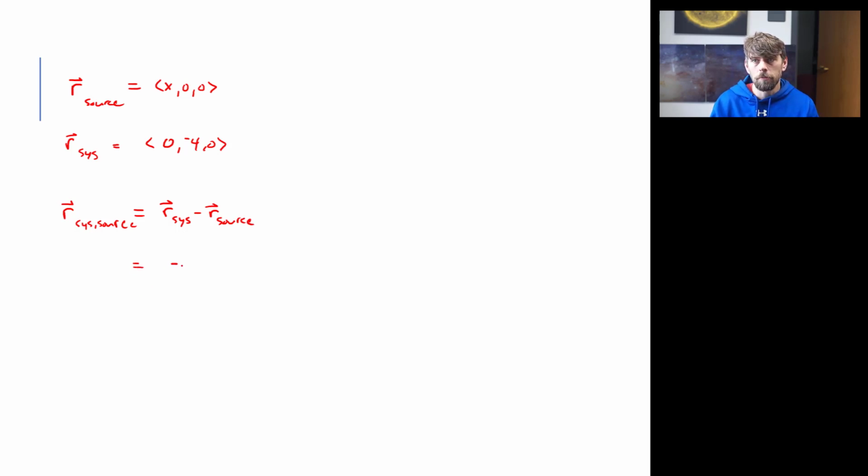So I end up with negative x, negative 4, 0. Good? And of course, if I need a magnitude of that, well, that would just be the square root of x squared plus 16.